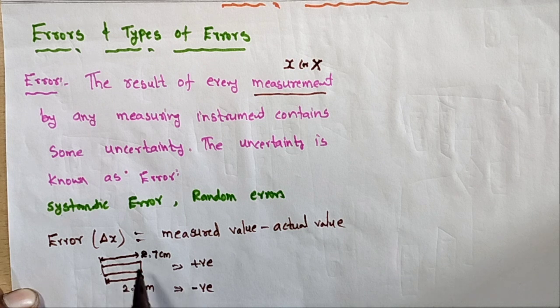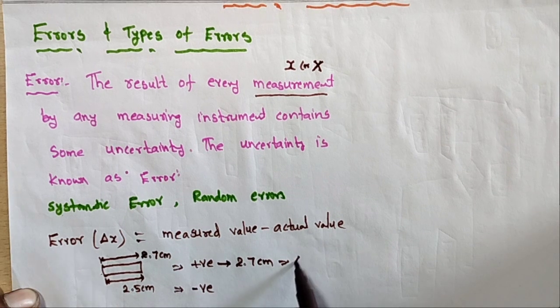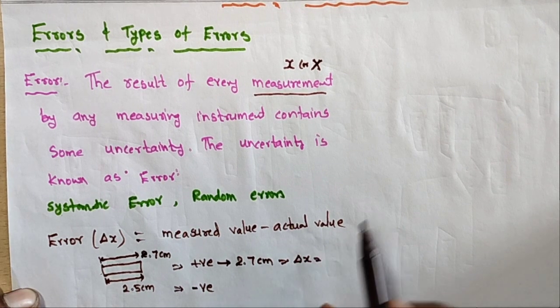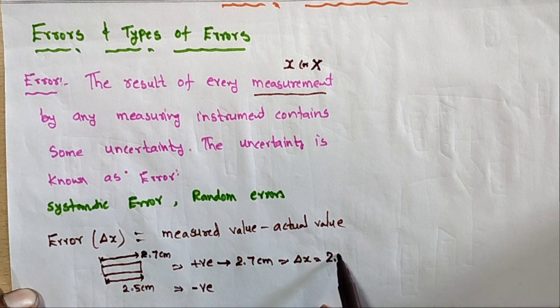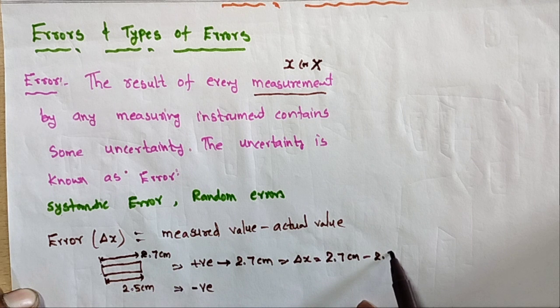Suppose the student measured 2.7 centimeters with a scale. What is the error here? Delta x is equal to the measured value, 2.7 centimeters, minus the actual value, 2.5 centimeters.